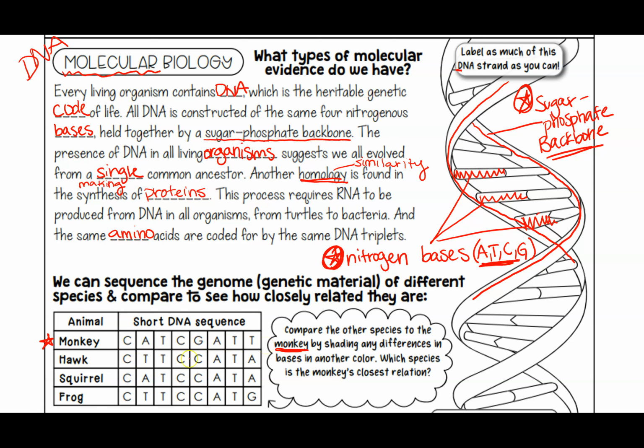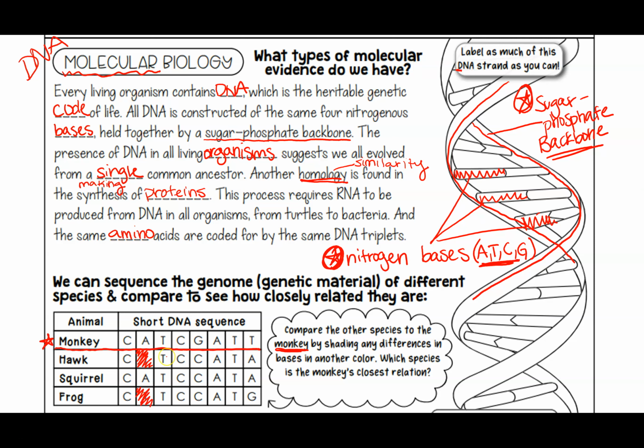A hawk and its gene, a squirrel, its gene, and a frog and its gene. So we take that monkey, this is our comparison, and we ask, does everybody have a C in the first one? Yes, everybody does. Does everybody have an A in the second one? No. That one is different. And then the frog also has a different one, right?